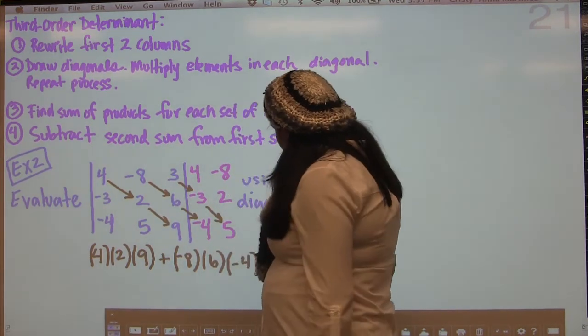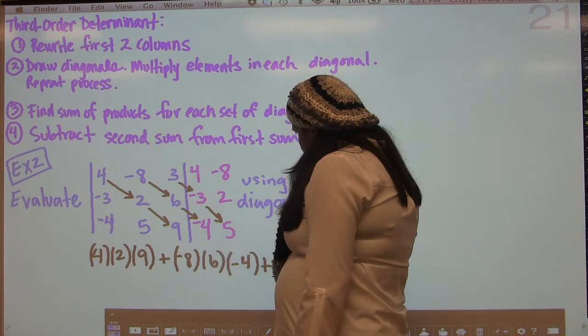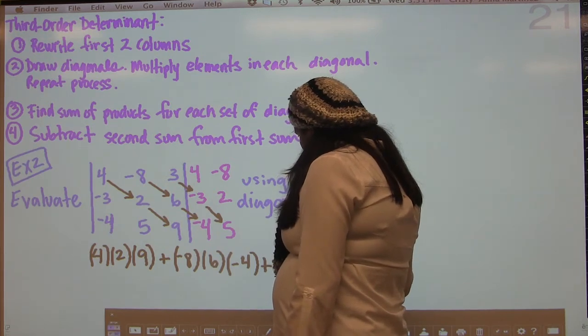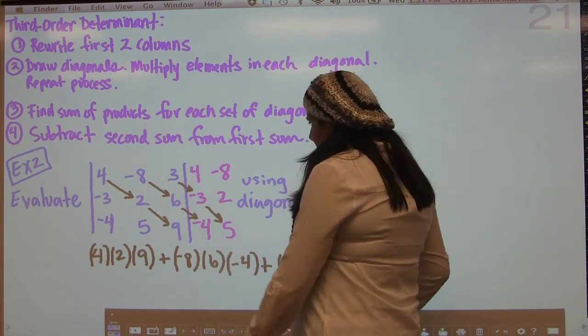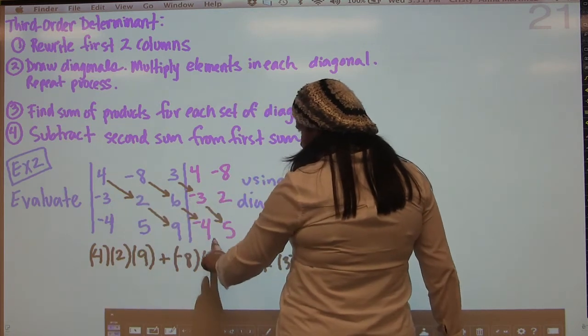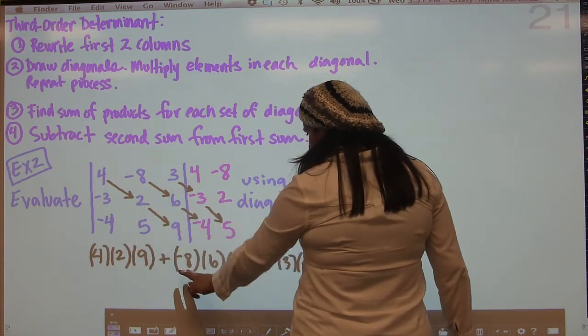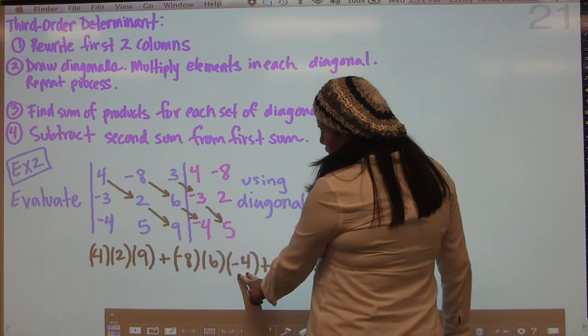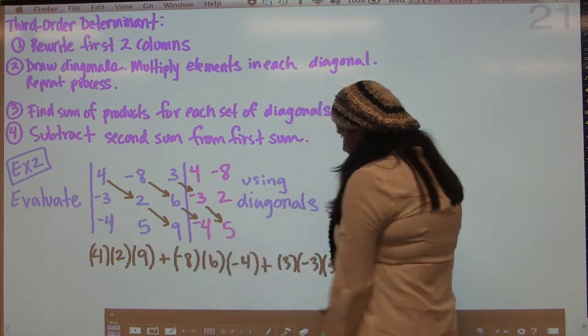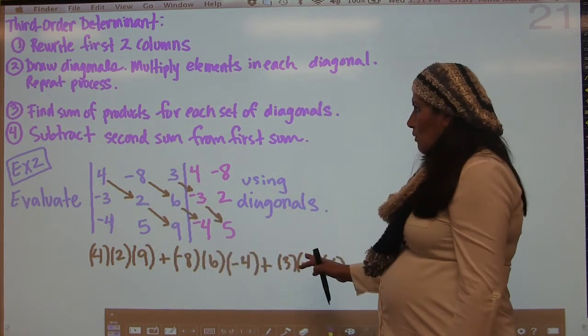And I'm going to take 3 times -3 times 5. So each diagonal has 3 values. So -8, 6, -4. My third diagonal has 3, -3, and 5. And I want to multiply those.